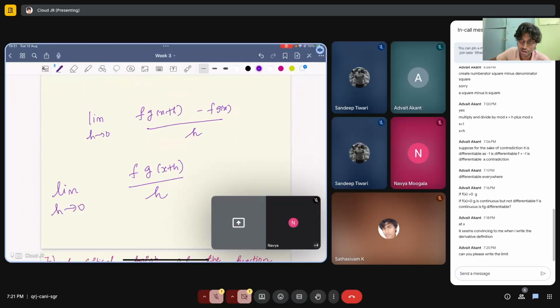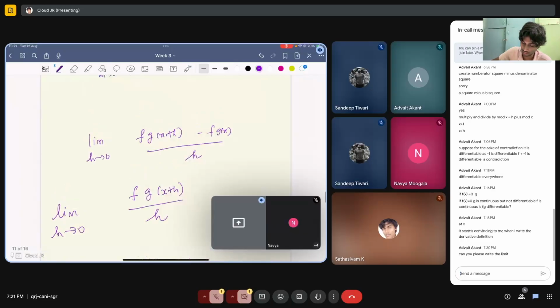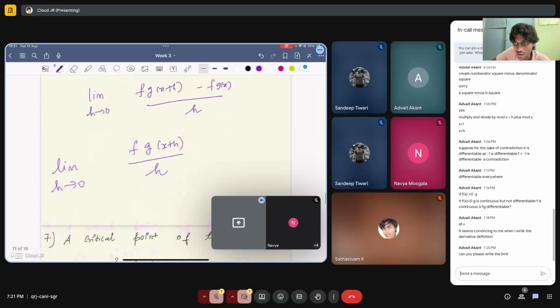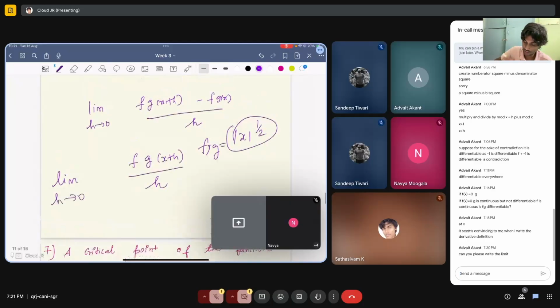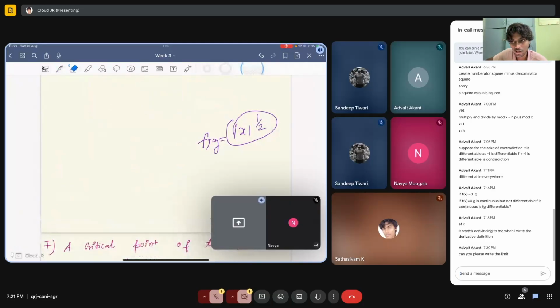See, if you want, I can give an example. Maybe okay, I got one example. I will tell you. I don't know an example where g is continuous but not differentiable in general, but I can give one example. Take both f and g as just this, and then you try to verify. I think this might help. Think about it and let me know if it works for you.